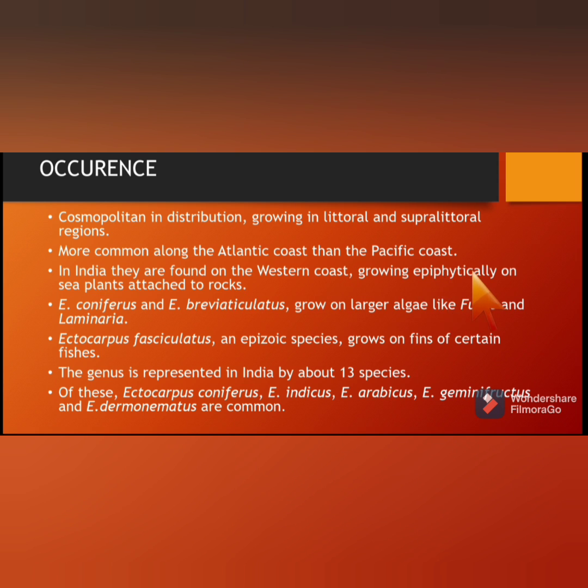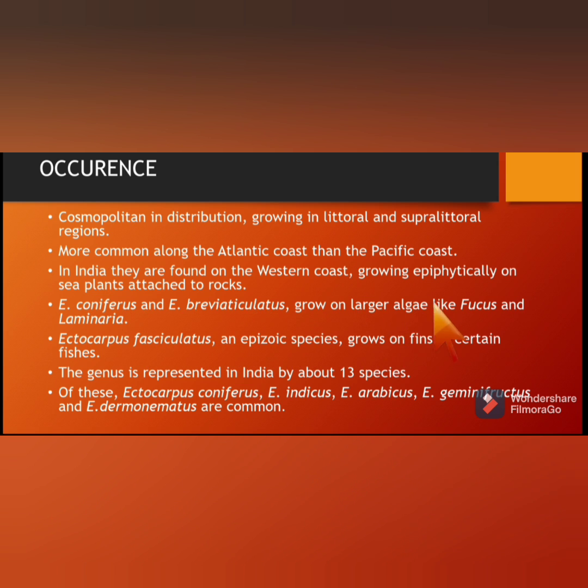So epiphytes are those which grow on another plant. You can see that some of the species found in India are growing epiphytically on other plants. For example, here you can see Ectocarpus coniferus and Ectocarpus breviarticulatus.